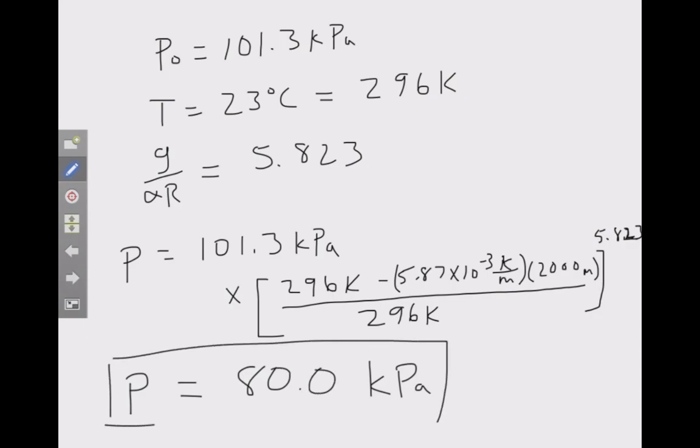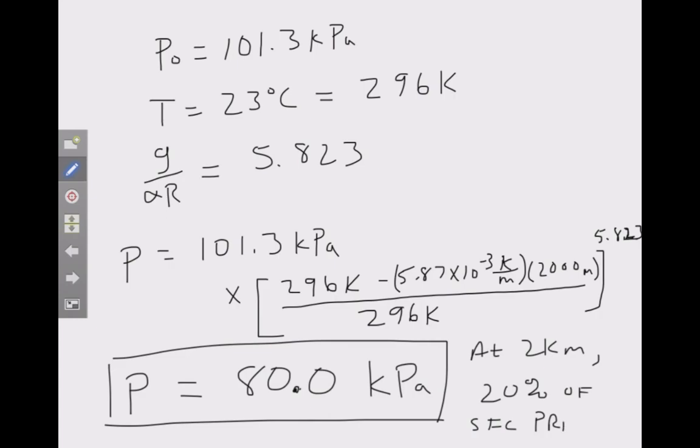This is a remarkable fact: if you go up only 2 kilometers in the atmosphere, you are already at 80% of surface pressure. So the pressure drops off quite quickly with elevation.